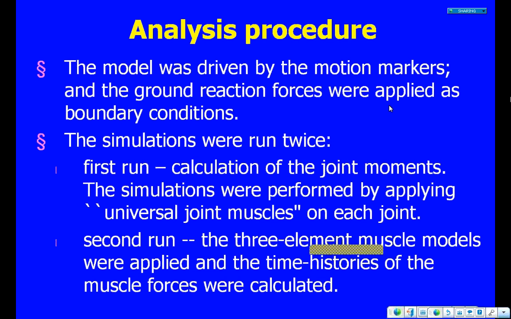In the simulation, we applied the universal muscle on each joint, and the output muscle force is actually the joint moment. In the second run, we remove this universal joint muscle and put in actual real 3-element muscle models, and calculate the time history of each muscle.